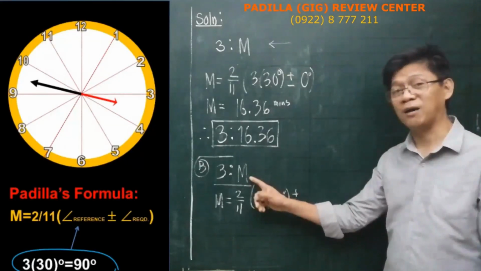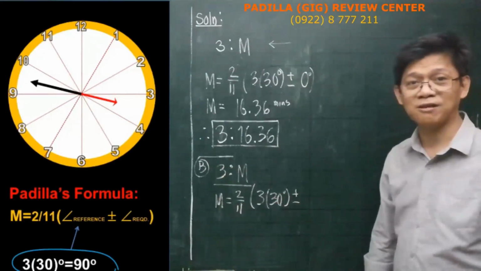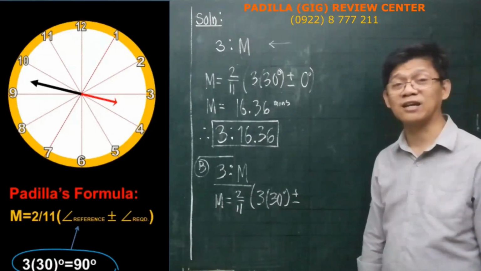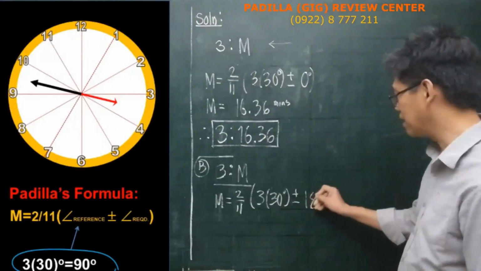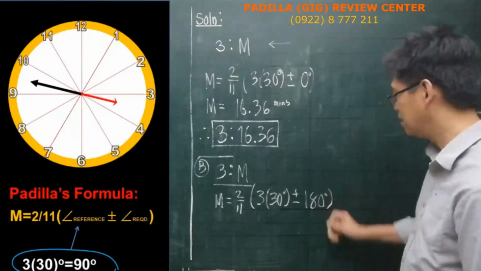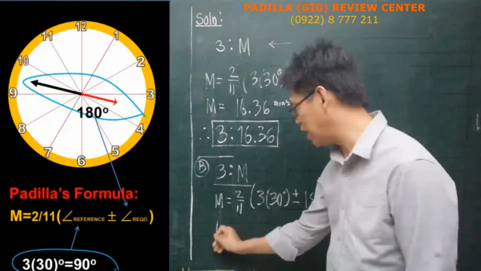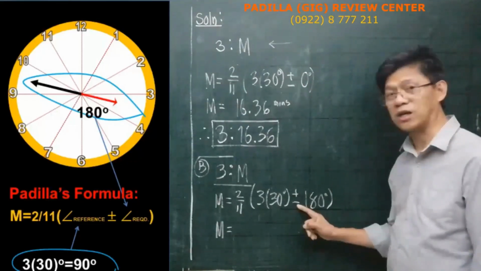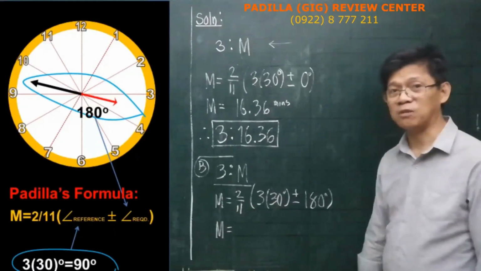During the required time, the minute and the hour hand are opposite each other. So, what is the angle between them if they are directly opposite each other? Correct. That is 180 degrees. So, you try to solve this, your M is going to be equal to, if you use minus here, you'll get a negative value. M cannot be negative.